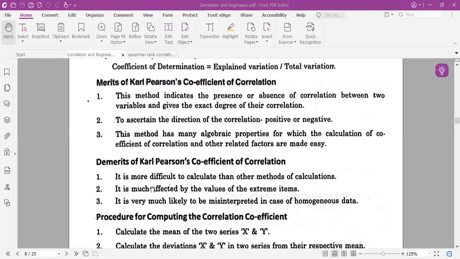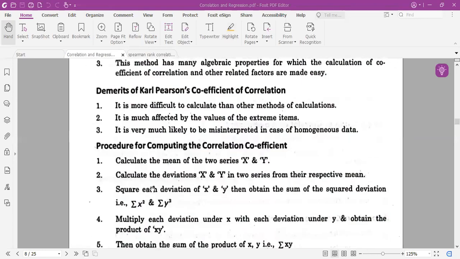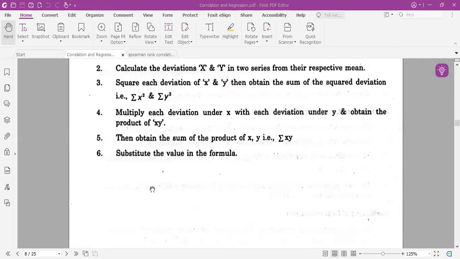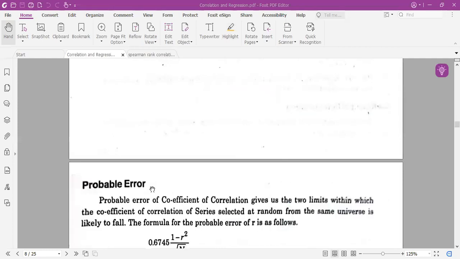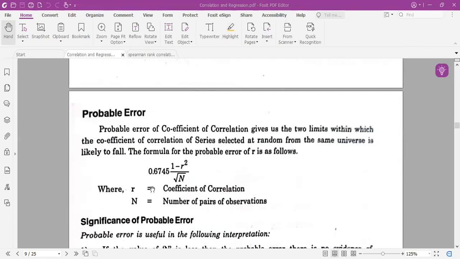So let us look into the calculation of the correlation by using the Karl Pearson method. Whenever you're calculating the Karl Pearson coefficient of correlation, there is one more factor we'll be calculating, called the probable error. The probable error of the coefficient of correlation gives us two limits within which the correlation coefficient of series selected at random from the same universe is likely to fall.